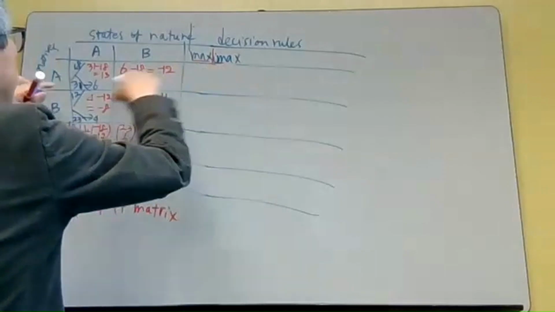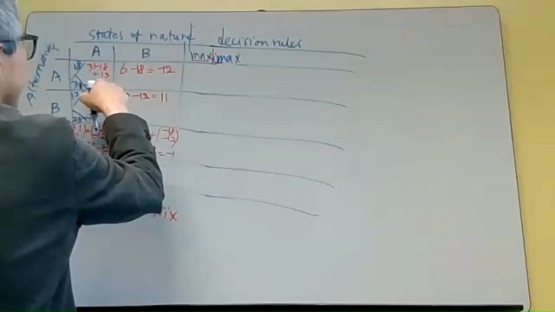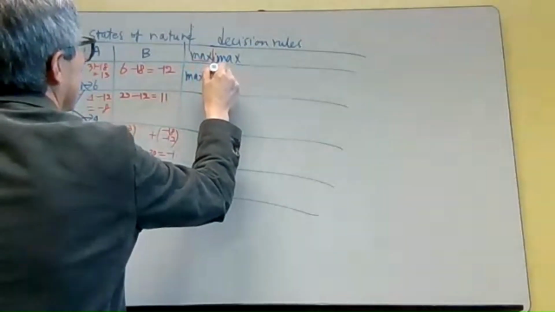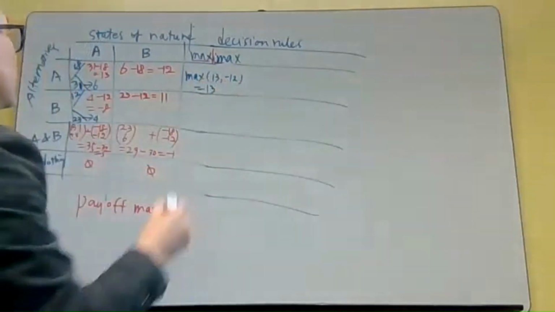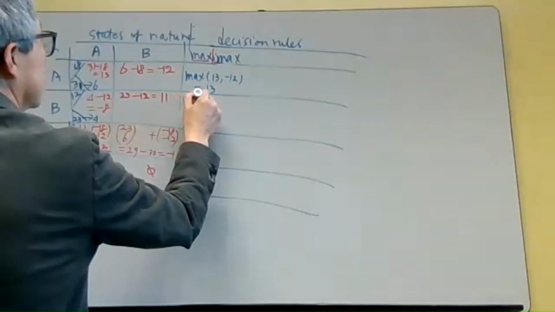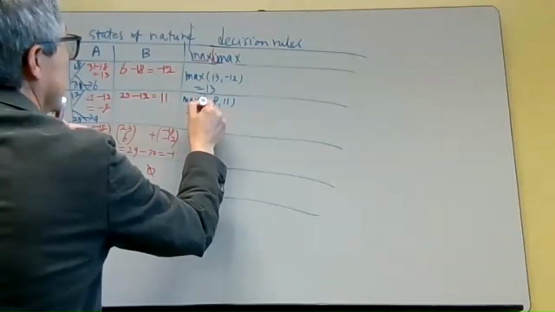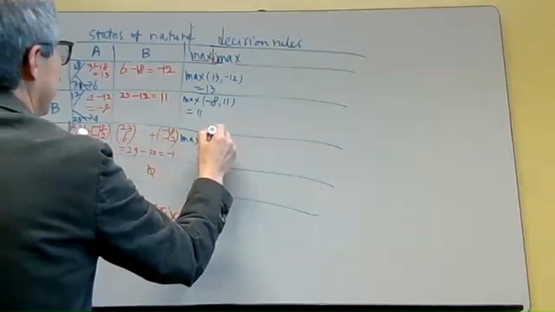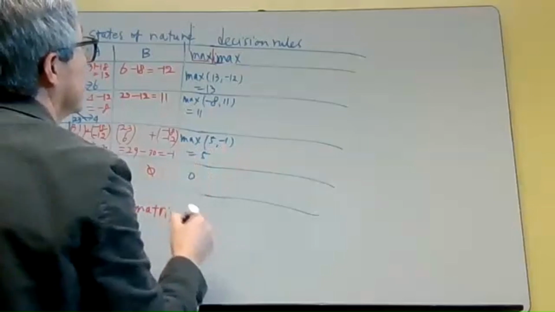So maximum payoff for each alternative. So 13 and 12, so the max is 13. Minus 8 and 11, the max will be 11. 5 and minus 1, the max will be 5. And then 0.